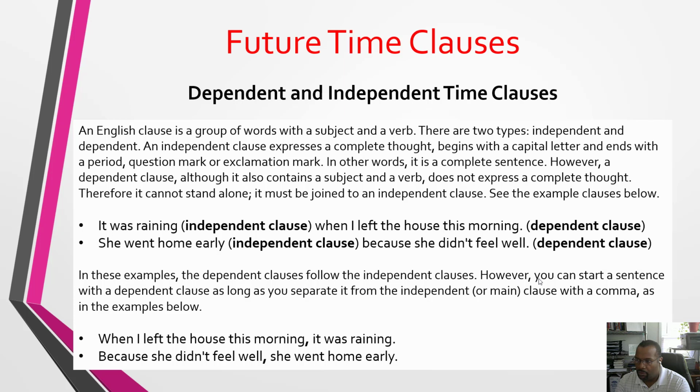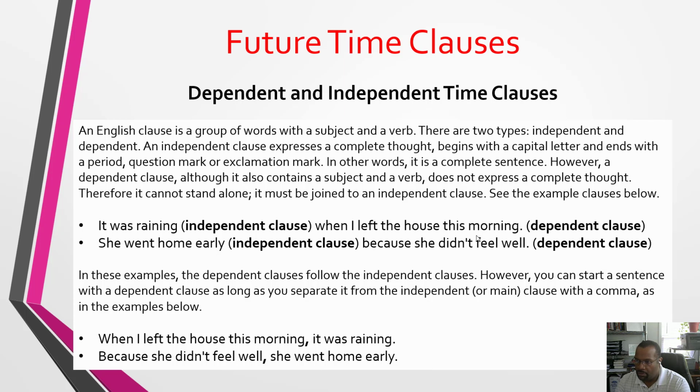In these examples, the dependent clauses follow the independent clauses. However, you can start a sentence with a dependent clause as long as you separate it from the independent or main clause with a comma, as you will see in these next examples. With these examples, we didn't use a comma because we had independent and then dependent.